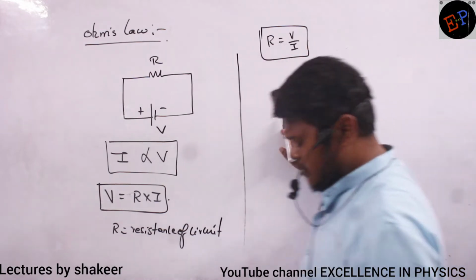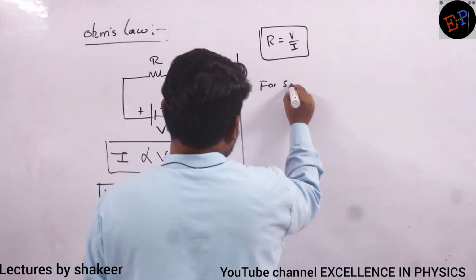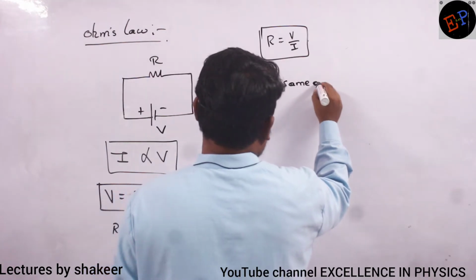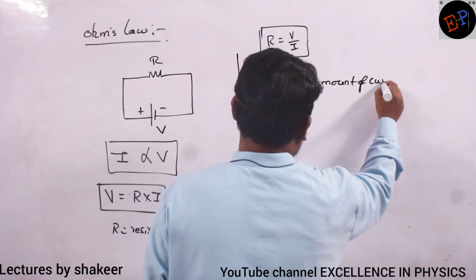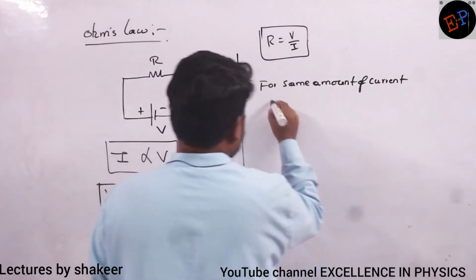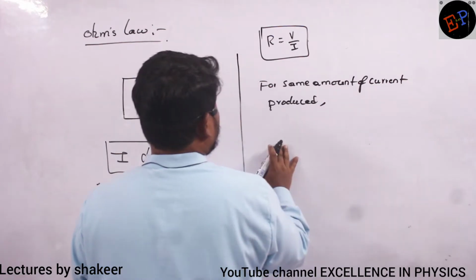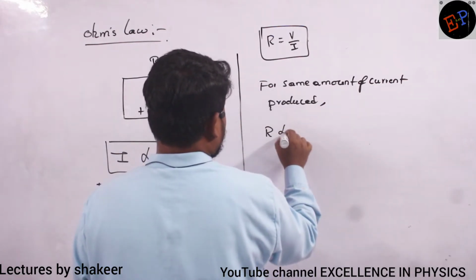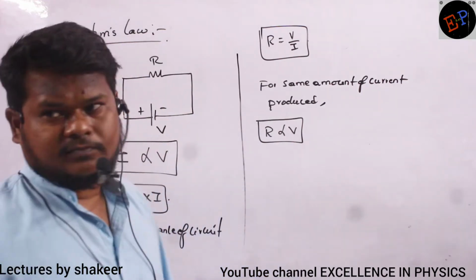So for the same amount of current produced, I can write R is directly proportional to V. Can I write like this?